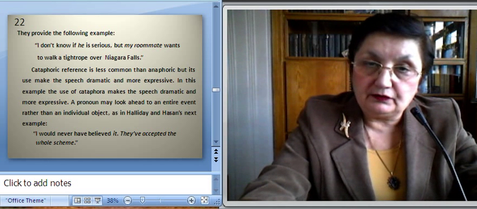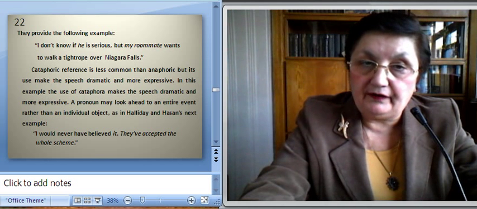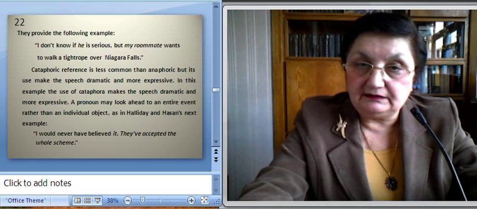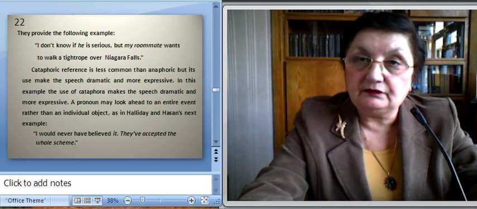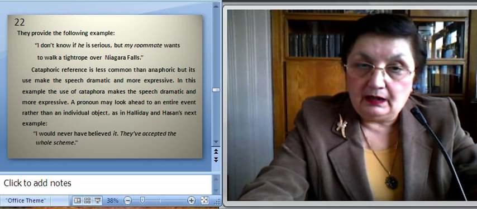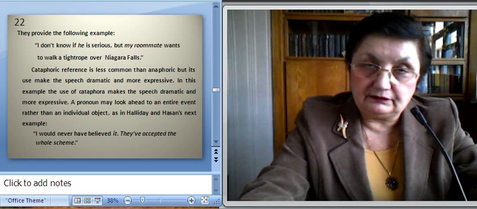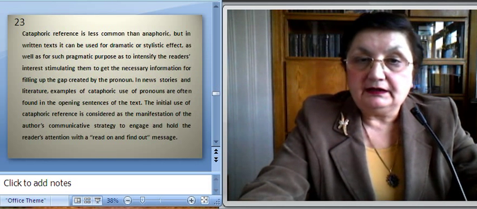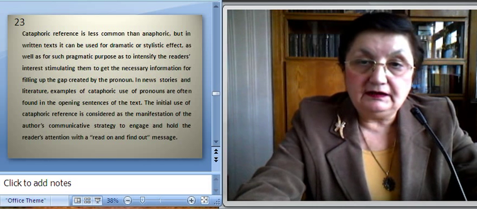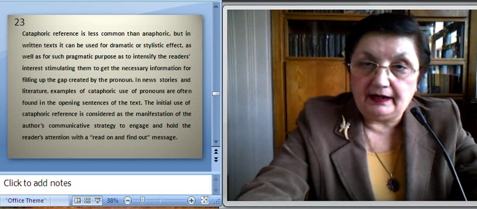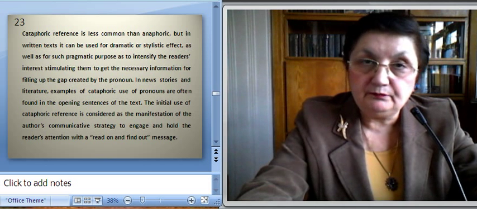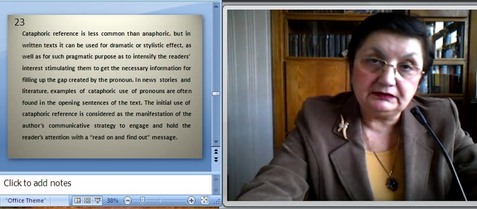Cataphoric reference is less common than anaphoric, but in written text it can be used for dramatic or stylistic effect, as well as for such a pragmatic purpose as to intensify the reader's interest, stimulating them to get the necessary information for filling up the gap created by the pronoun.